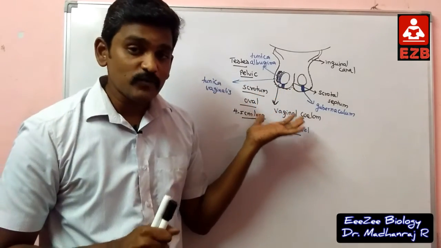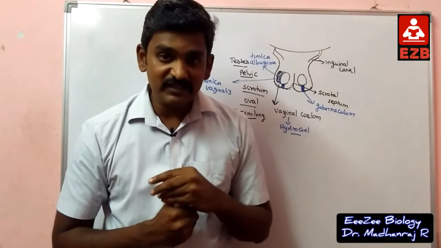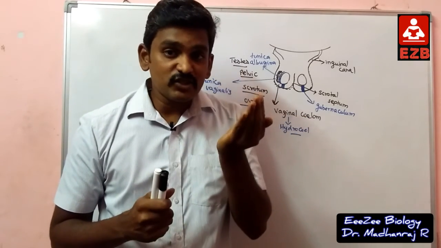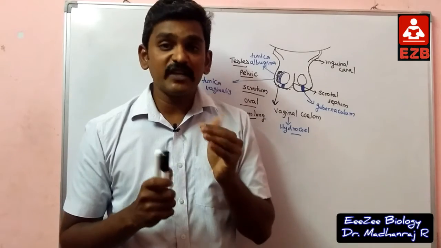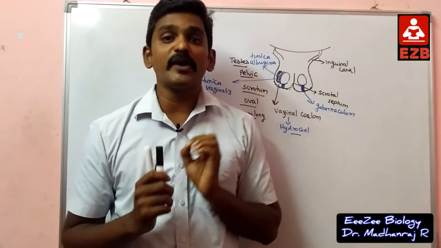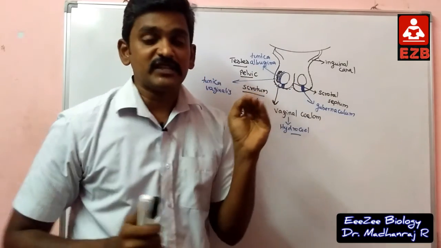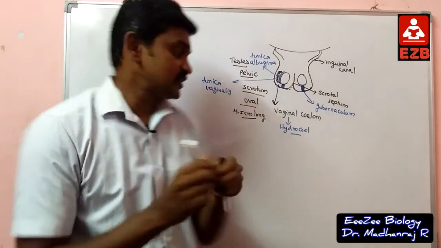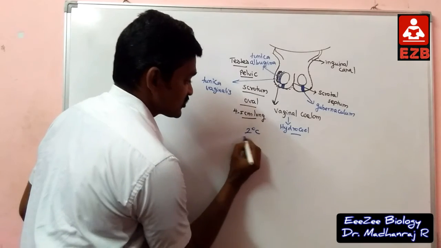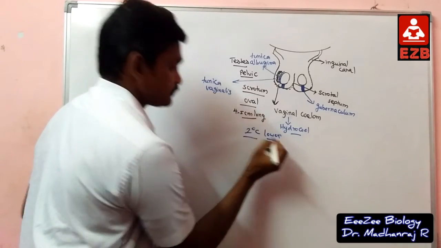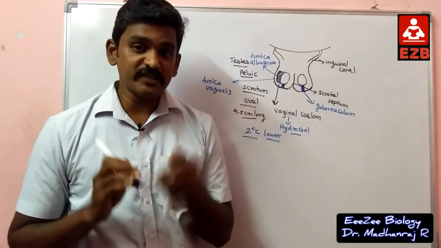This is an important point you have to keep in mind. The necessity to be placed outside the abdominal cavity is that the testes should always be 2 degrees lower than the body temperature, around 2 degrees Celsius lower. What is the reason?